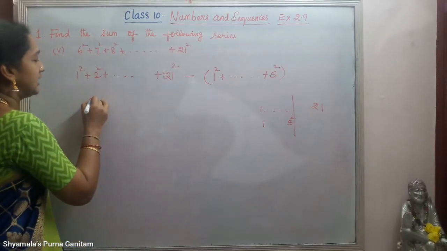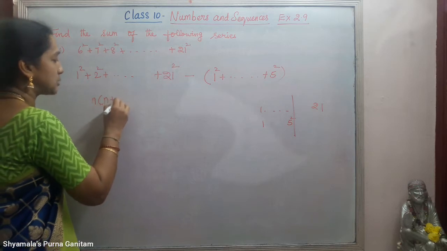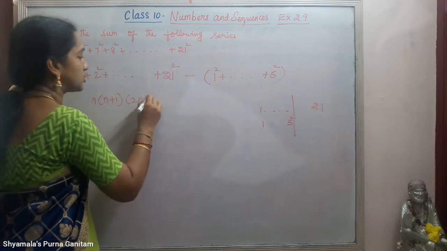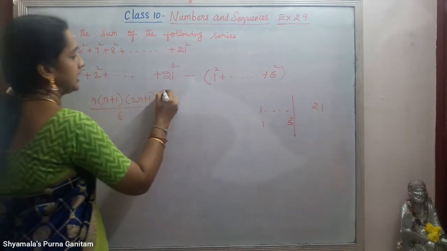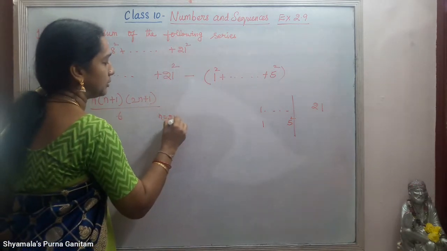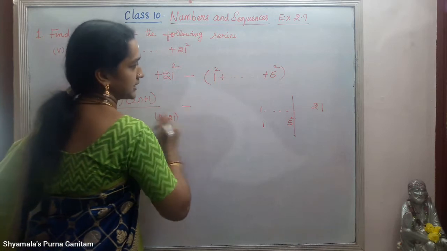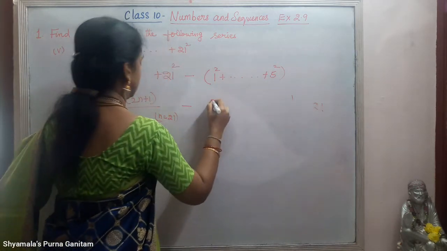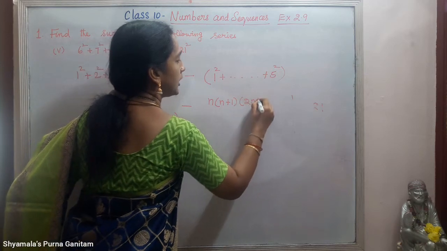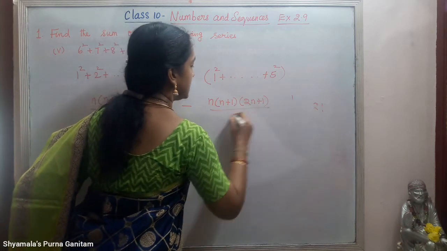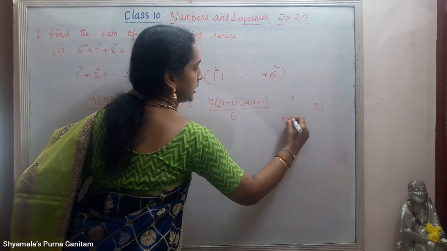n into n plus 1 into 2n plus 1 by 6. Here n is equal to 21, minus, for this one the same formula, n into n plus 1 into 2n plus 1 by 6, where n is equal to 5.